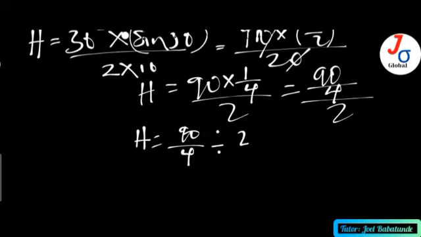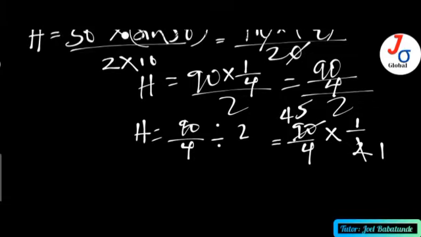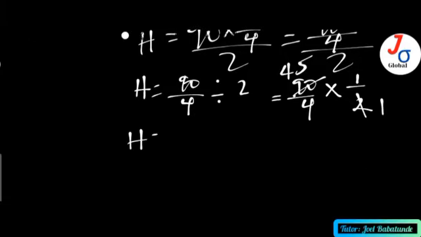I think that's it, right? I'm good. Then I can write this as 90 over 4 multiplied by the reciprocal of that, 1 over 2. Okay, so I have 2 here, 45. Okay, good. So my H becomes 45 divided by 4. What's 45 divided by 4?